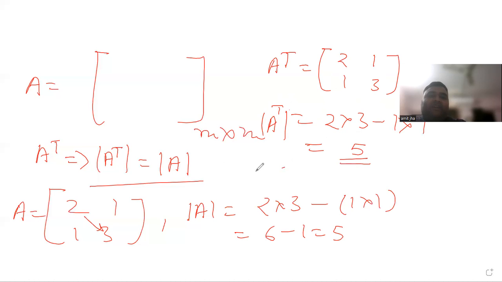So hence verified. This is property 1. Here I'm explaining all the properties one by one so that it should be clear. Okay, let's move forward with the second property.